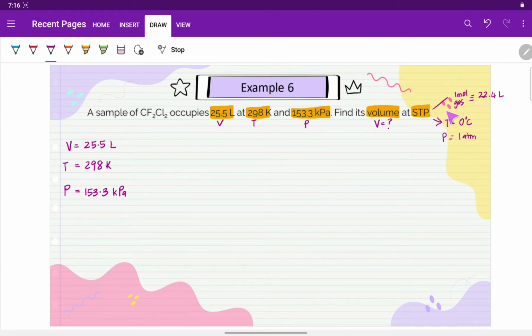Okay, sebab dekat sini the number of mole akan berkadar dengan kita punya volume. Okay, so if we want to use our PV equals to nRT, so kita nak cari n dulu. So PV equals to nRT.